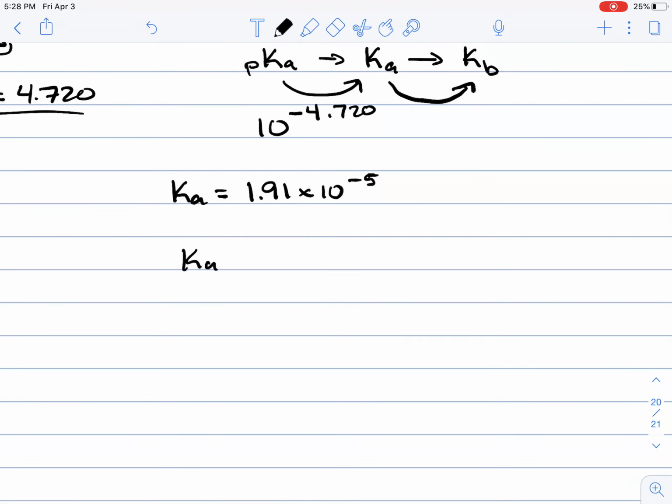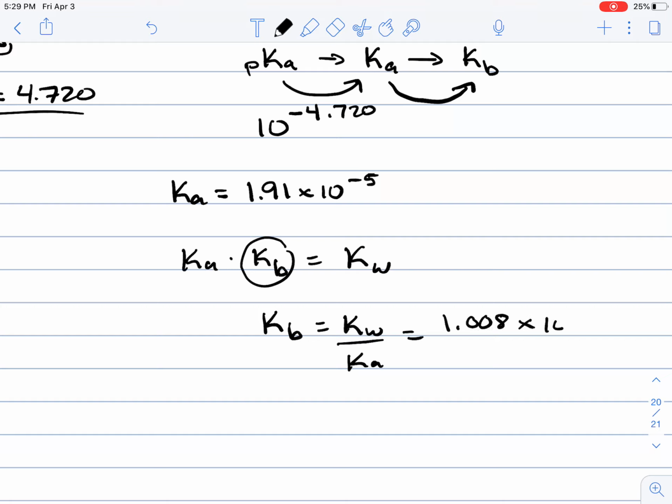So Ka times Kb is equal to Kw. Since we're solving for Kb, we're going to divide Ka to the other side. So Kb is equal to Kw over Ka. Kw is 1.008 times 10 to the negative 14. Divide this by Ka, that's 1.91 times 10 to the negative 5.